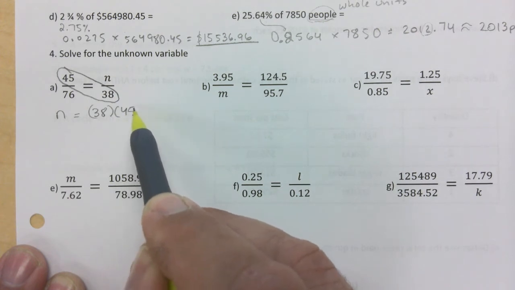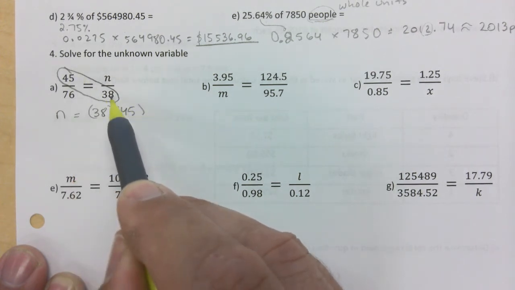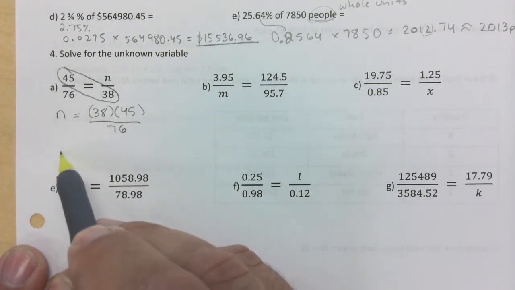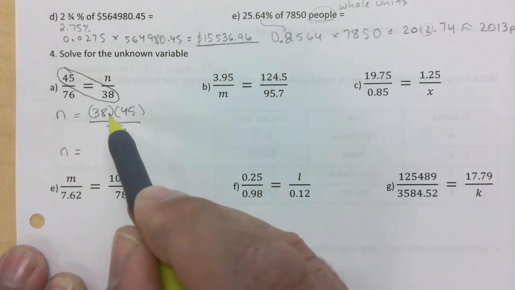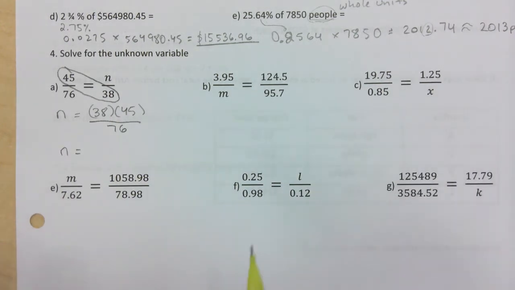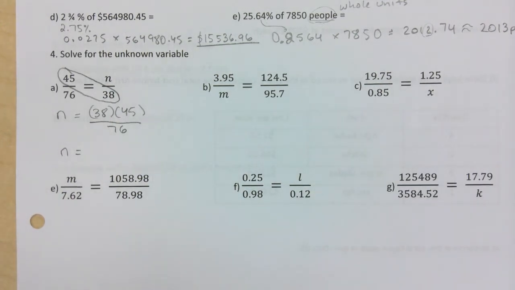I use brackets for that. These 2 have to multiply, and then you divide by 76. You type this in your calculator, and then you get your answer. That's how you do all of them. So just give that a try. Essentially, you want to find those 2 numbers that are diagonally across each other.